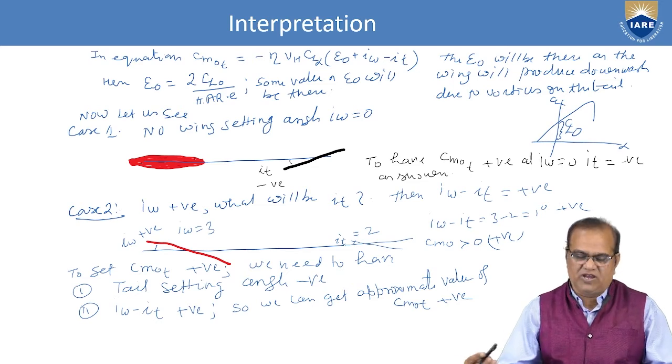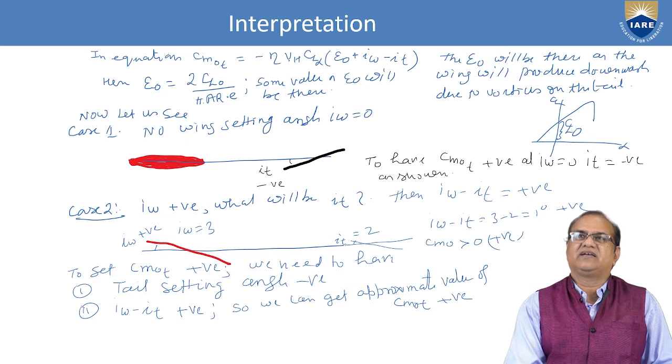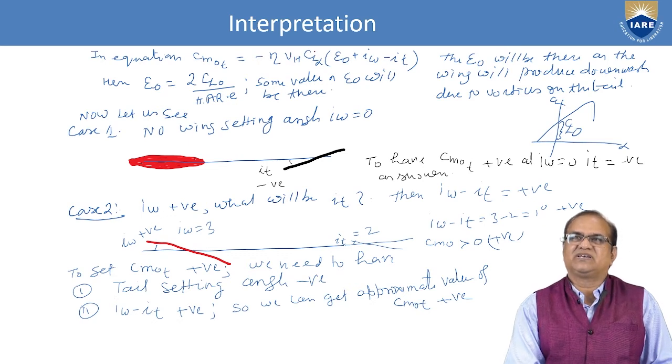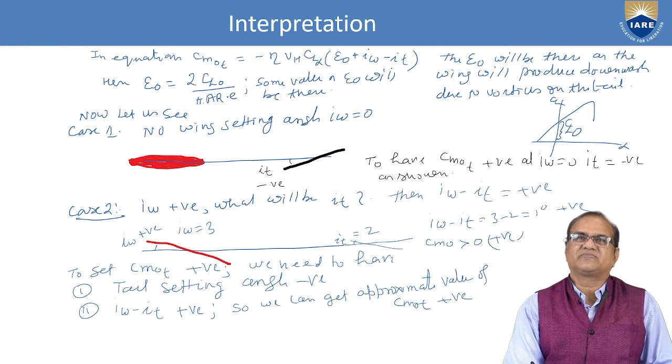In the equation, we have found that Cm naught T is equal to minus eta VH CL alpha T epsilon naught plus IW minus IT.